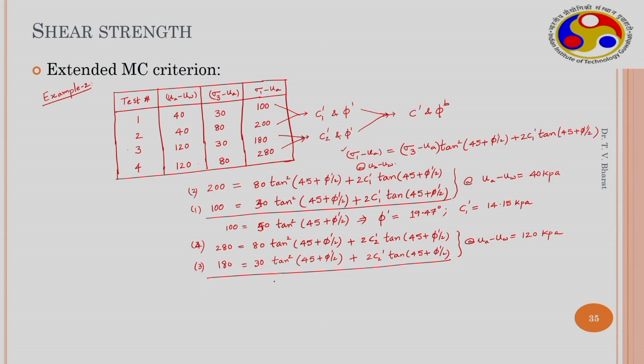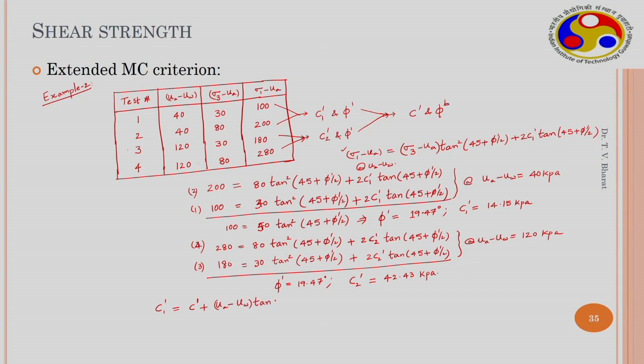So, when we solve this, we get the same phi dash, which is 19.47 degrees, and C2 dash is 42.43 kilopascal.